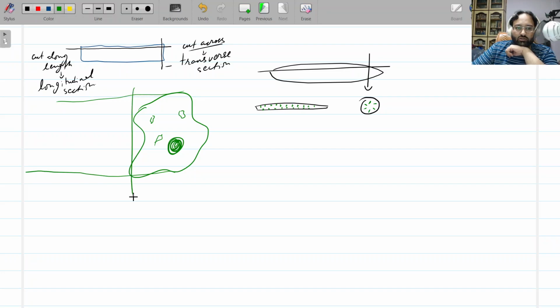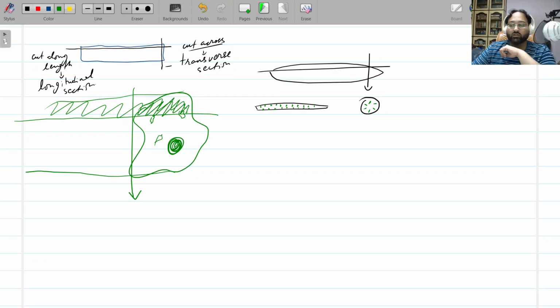When you cut across in the transverse, you're going to see the image of a whole cell. But if you cut across horizontally, you're only going to get this part. You're not going to be able to see this part. For example, you will only be able to see this part of the cell and not the rest.